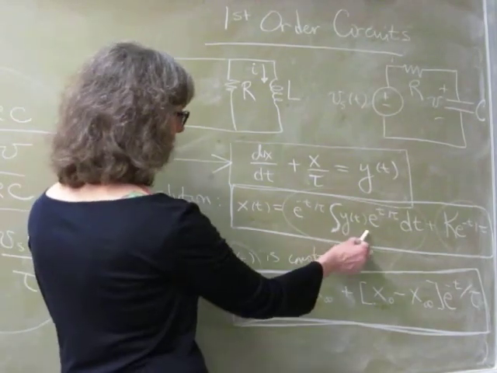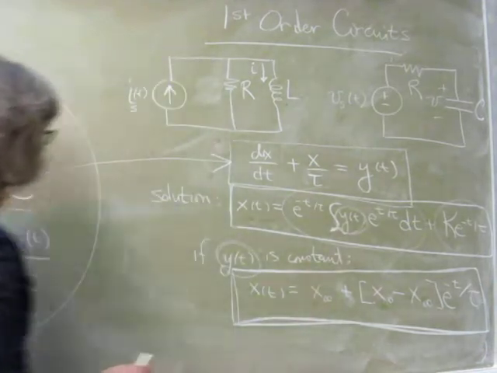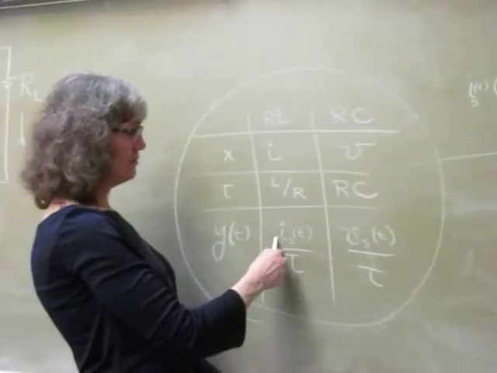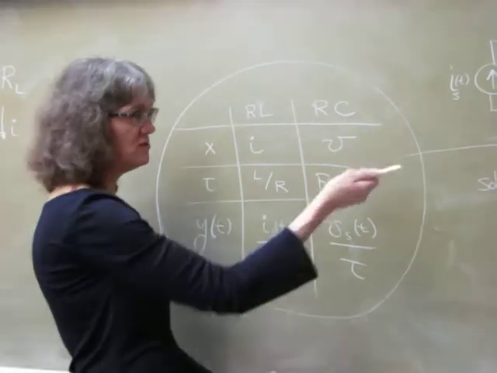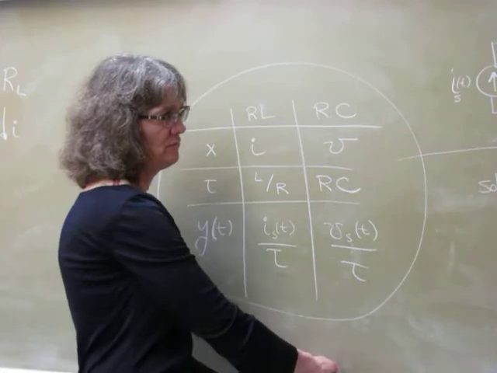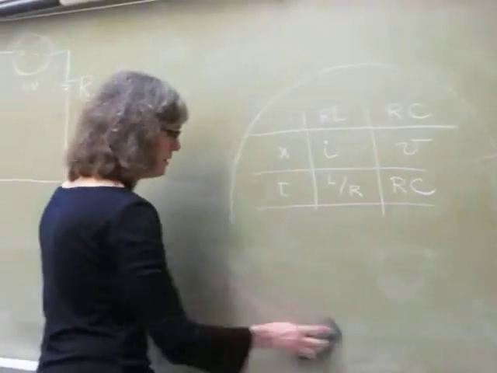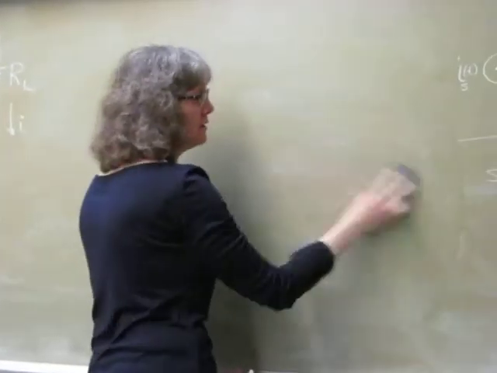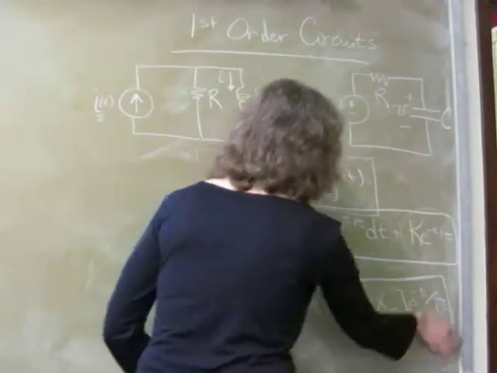Whatever the function y of t is, in the case of the inductor circuit it's just going to be your current source divided by that constant tau. You just stick it in and then you integrate. The math might get a little tricky, but you can just plug in these things and figure out the answer.